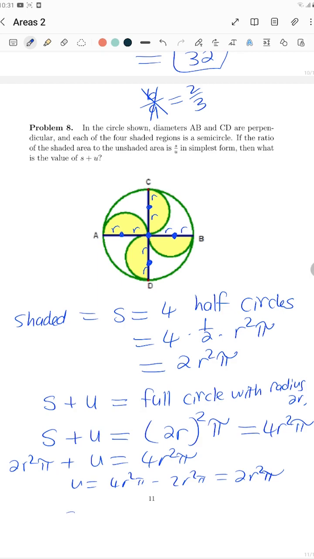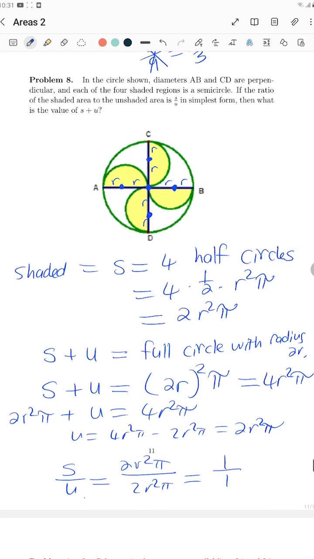Great, so now let's do S over U. So S was 2r squared pi, U was 2r squared pi, and you can clearly see the numerator and denominator are the same, so simplified, it's 1 over 1. So therefore, S is equal to 1 and U is equal to 1, and thus S plus U will be 1 plus 1, which is 2.